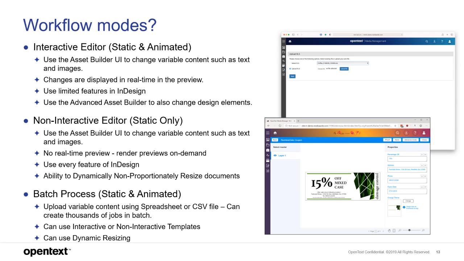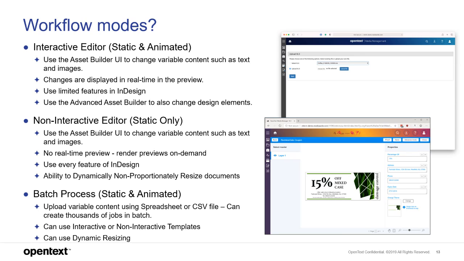If you have a spreadsheet with 100 rows, each of those columns could be a tag, such as a headline or a product name, or an image. You simply edit that spreadsheet and upload it to the platform. If you had 100 rows, it would create 100 derivatives of that job within OTMM.